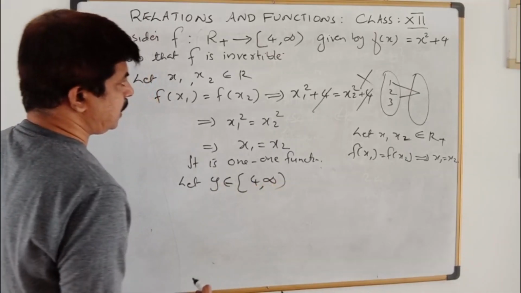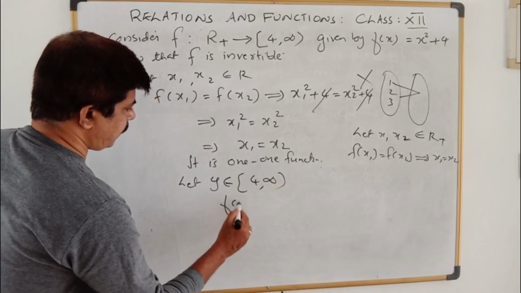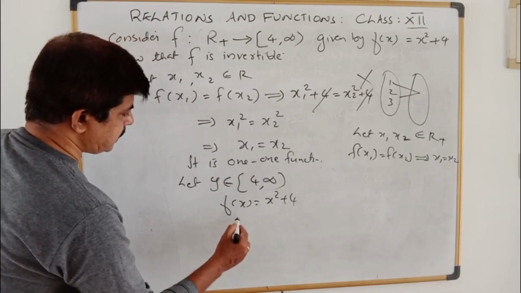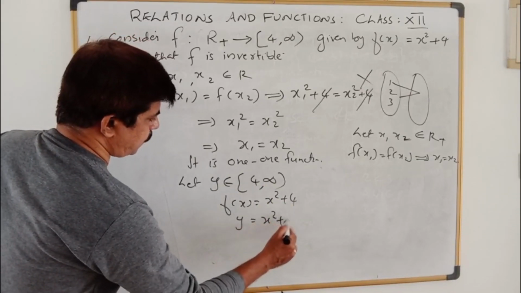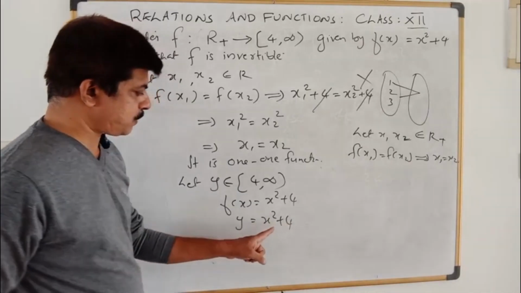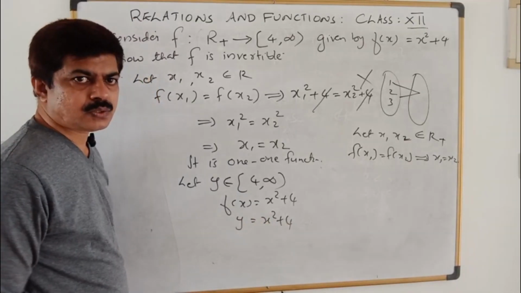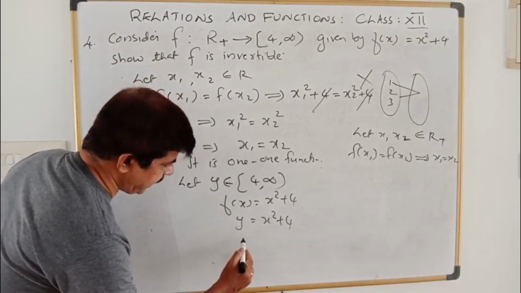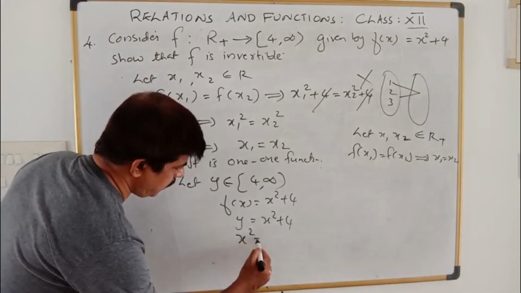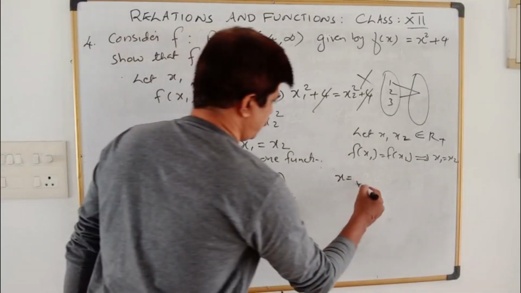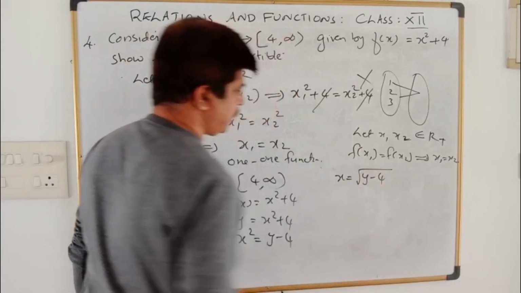That means the range. We are given f(x) equal to x square plus 4, that is y equal to x square plus 4. Now we change x in terms of y. x square is equal to y minus 4, so x is equal to root of y minus 4.